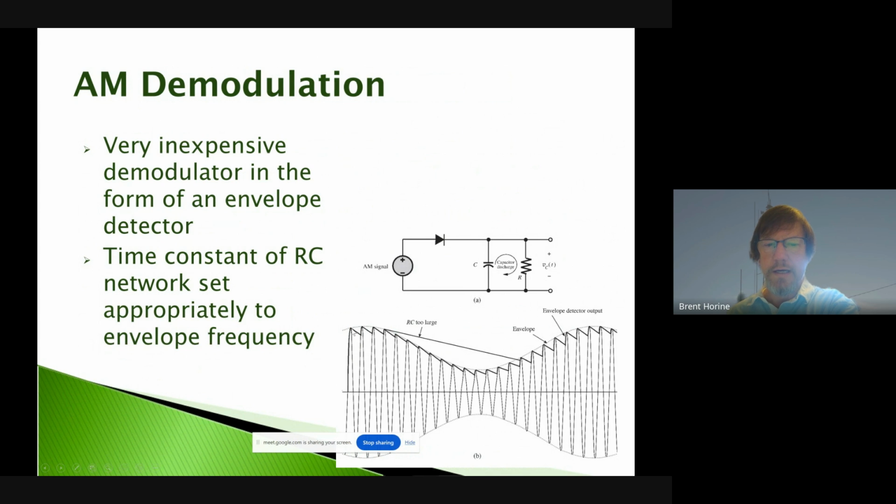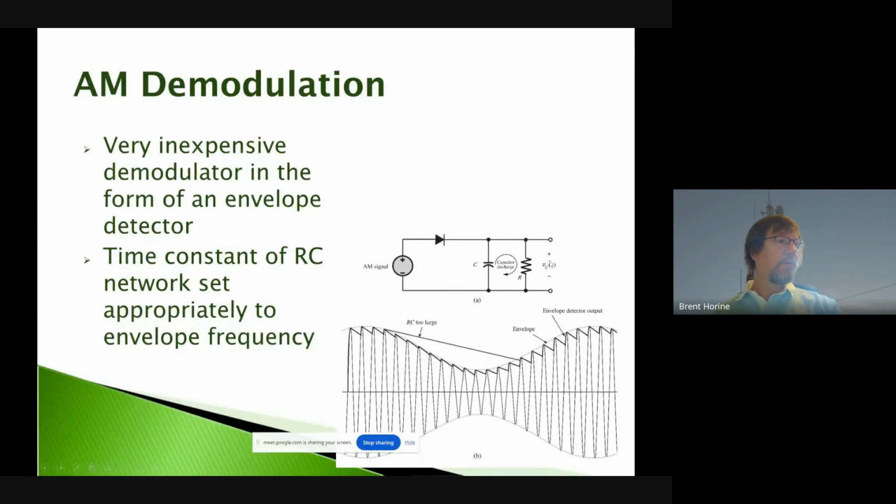When the capacitor gets charged up to the peak value, it only drains off at a rate controlled by the RC time constant. Then when the next peak comes along, it fills that capacitor back up and we get a higher voltage. If we set that time constant right, and do a little more filtering, then we see that we're tracing out the envelope using the output of that.